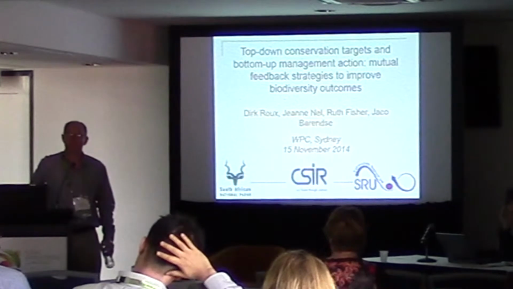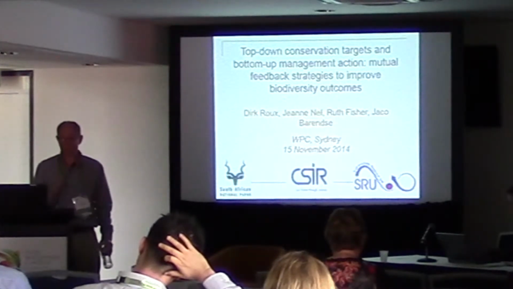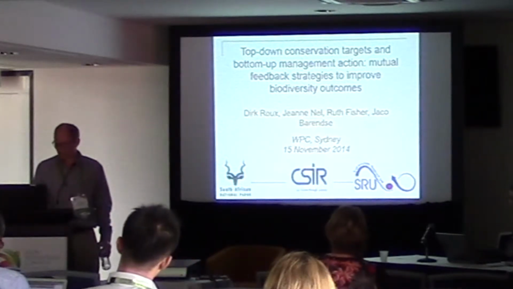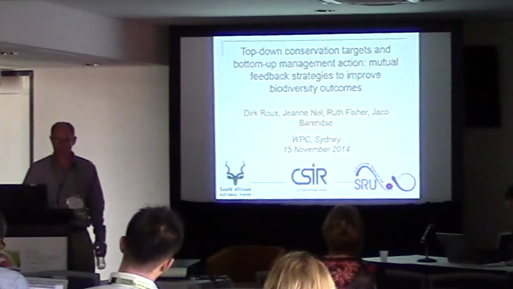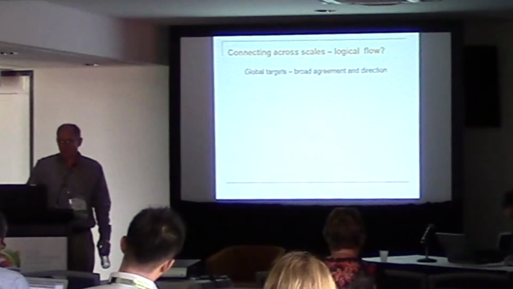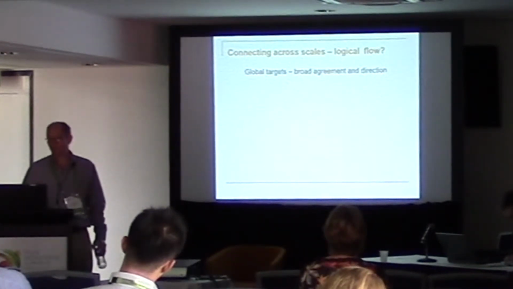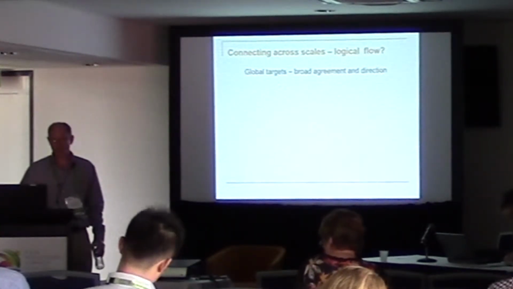I'll try to build on Jean's presentation and look at what happens if you want to turn these conservation targets into real conservation action on the ground. The way I see things is that you have global targets. It's quite an achievement to have broad direction that nations can follow and pull in the same direction.